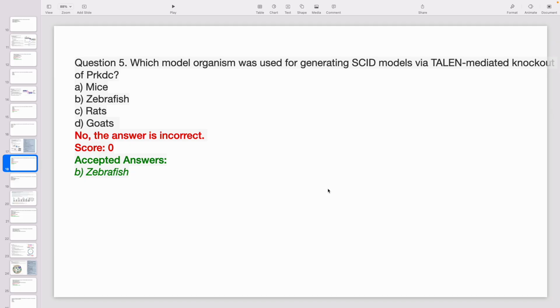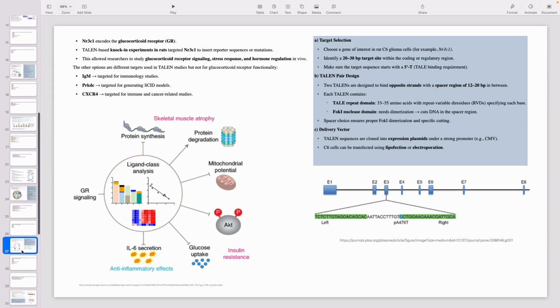I think you are asking about the zinc finger nucleases, if I have heard correctly. The mechanism is, so okay.